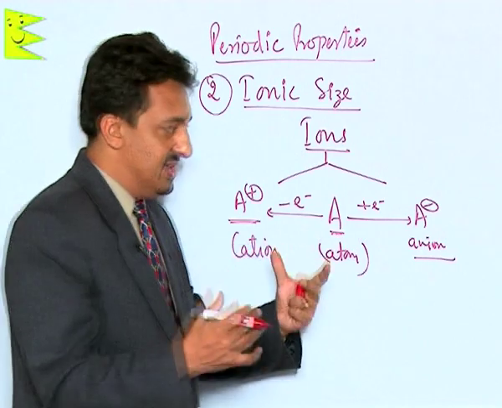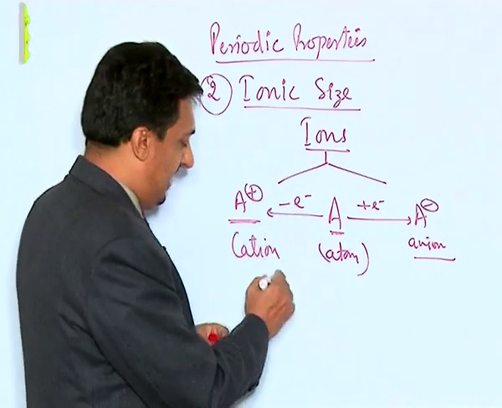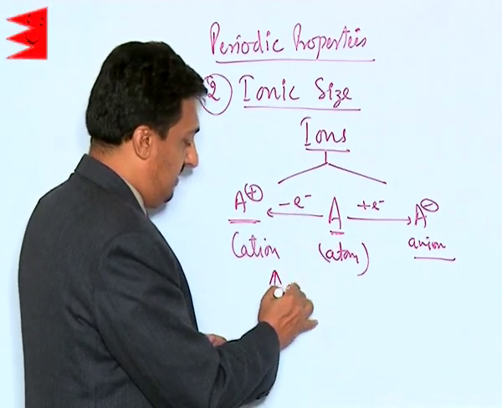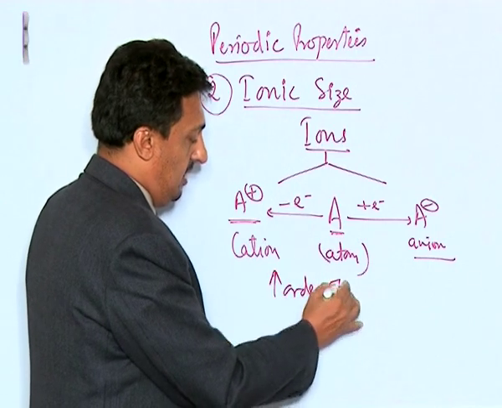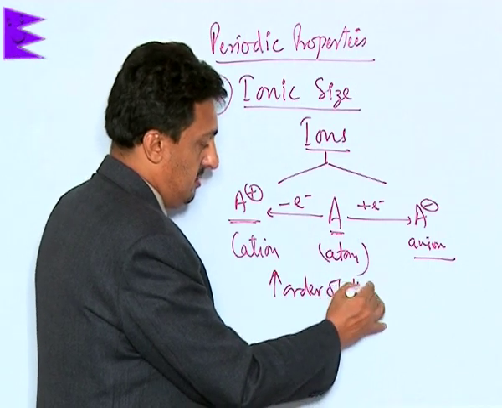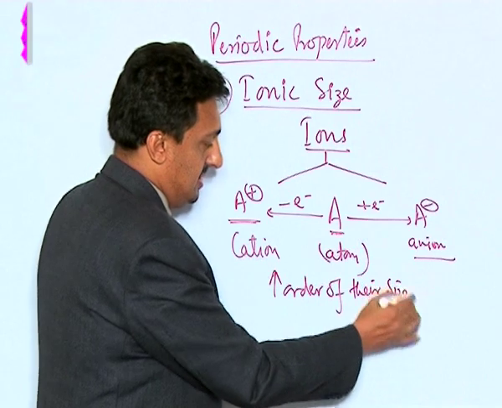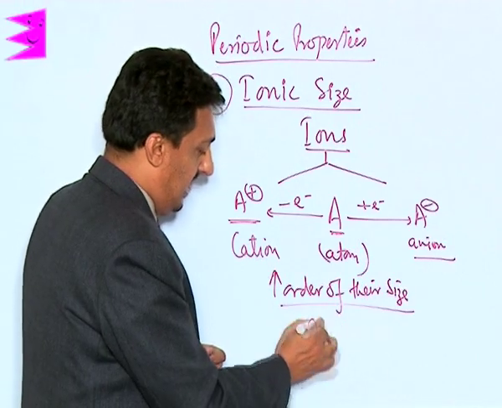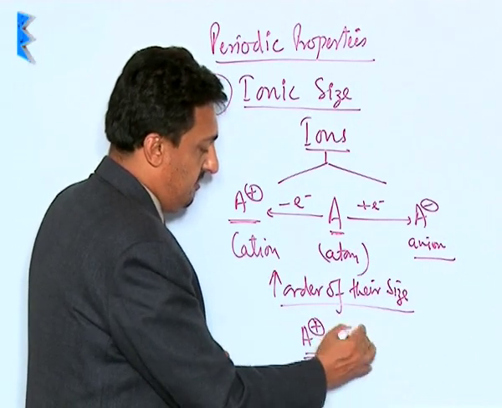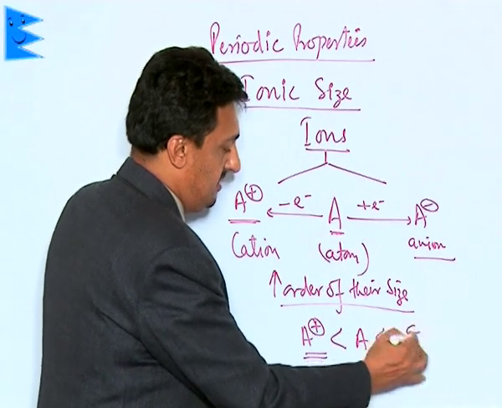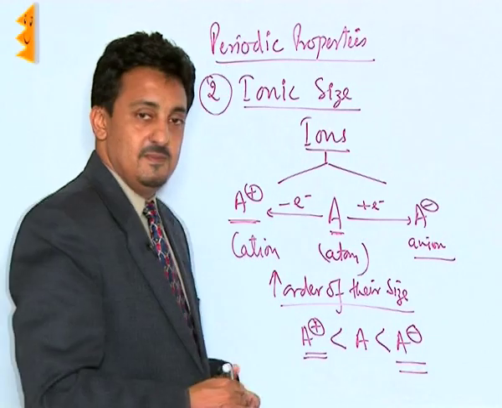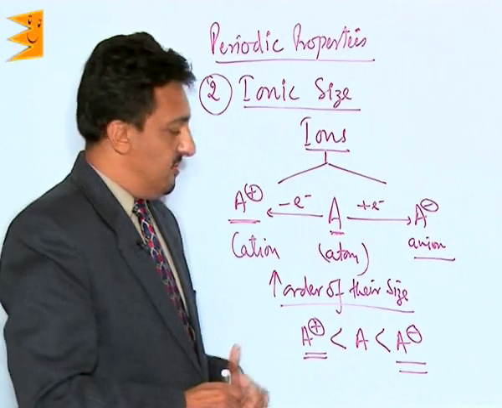So what is the trend in the sizes? The increasing order of their sizes is that the cation will be the smallest one, followed by the neutral atom, and the largest will be the anion. So this is the usual trend.